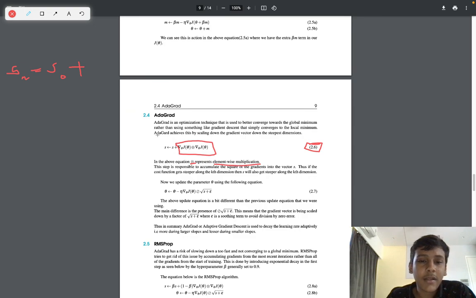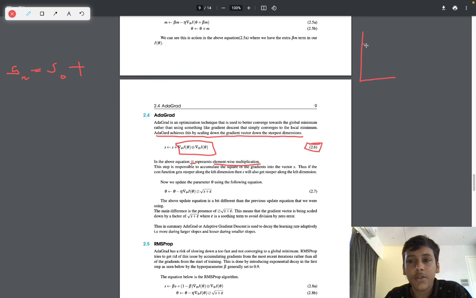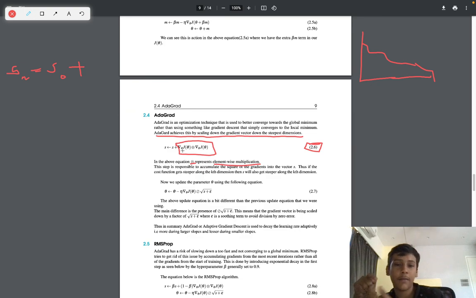All right, so we basically scale down the gradient vector along its steepest dimensions. That's exactly what I was trying to explain to you through this graph that we had just drawn. We want to scale down the gradient vector along the steepest dimensions. So here, as you can see, we are taking the gradient and effectively just squaring the gradient.